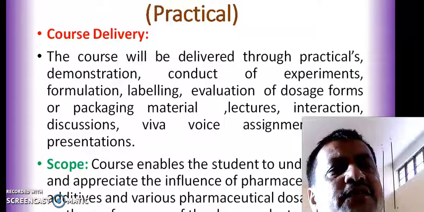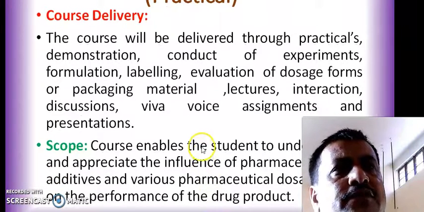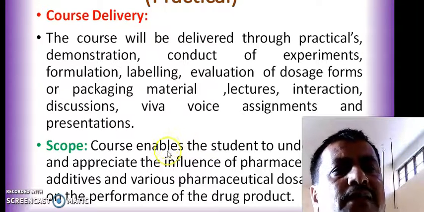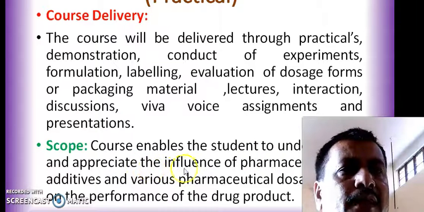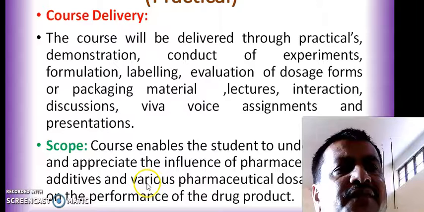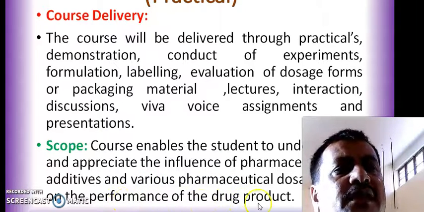And after completion of this BP 506P Industrial Pharmacy 1 practical course, you students will be able to understand and appreciate the influence of pharmaceutical additives and the various pharmaceutical dosage forms on the performance of the drug product.